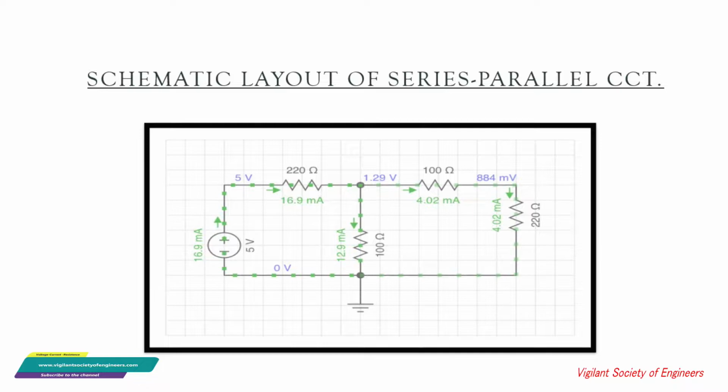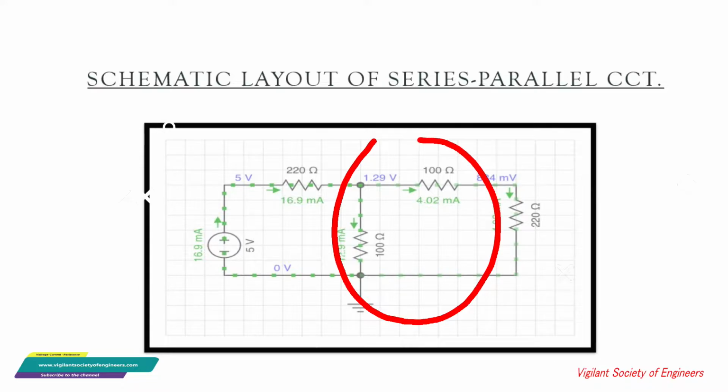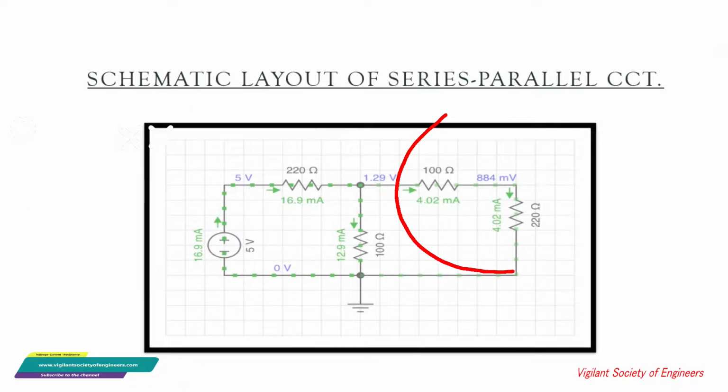So the schematic layout of a series parallel circuit can be highlighted, where we have a resistor in series with two other resistors that are merged in parallel. Observing this diagram, we have one side of the branch circuit, which is a series, and the other side, which is a parallel series combination.